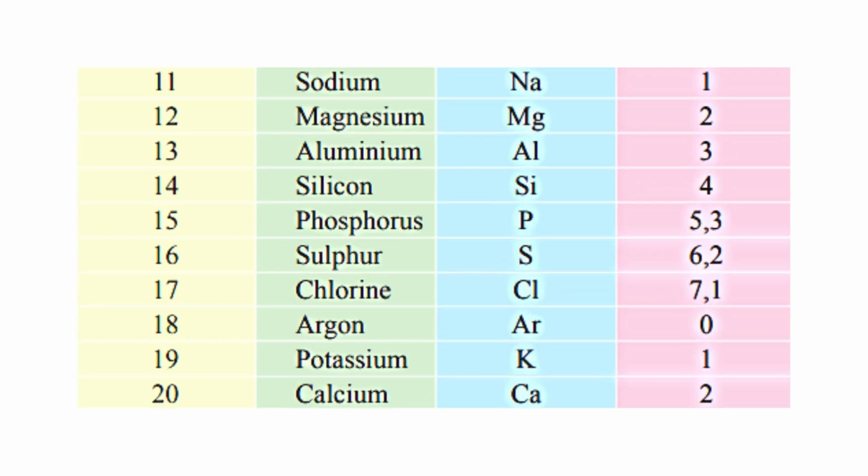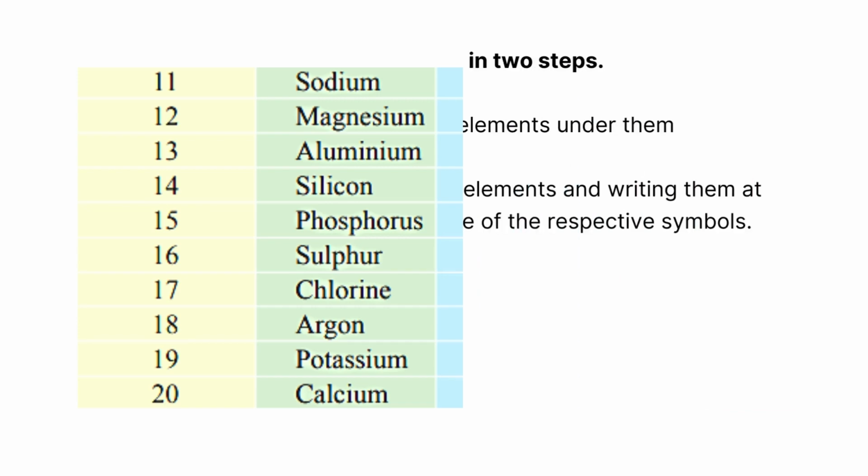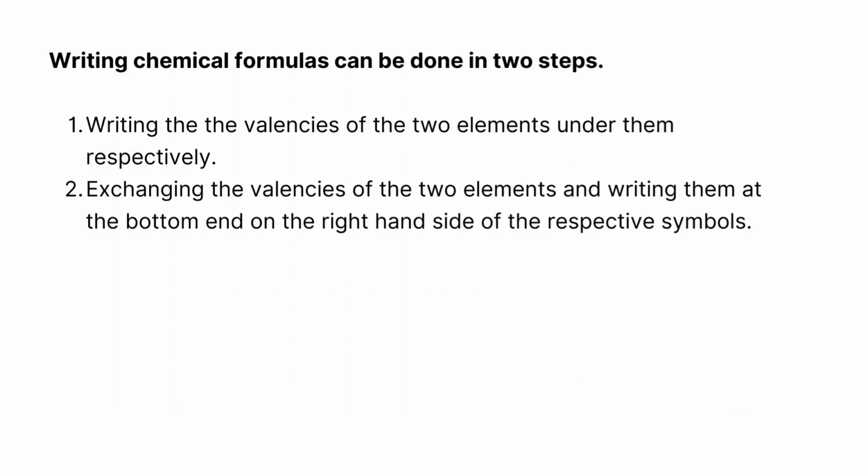Magnesium can lose 2. Aluminium can lose 3. Silicon can lose 4. Phosphorus can lose 5, and also it can gain 3. Sulfur can lose 6, can gain 2. Chlorine can lose 7, can gain 1. Argon 0. Potassium can lose 1. Calcium can lose 2.